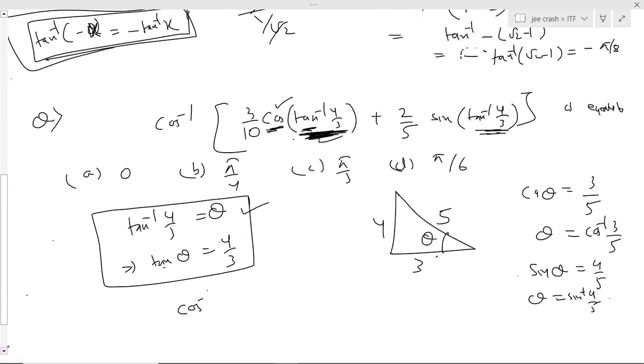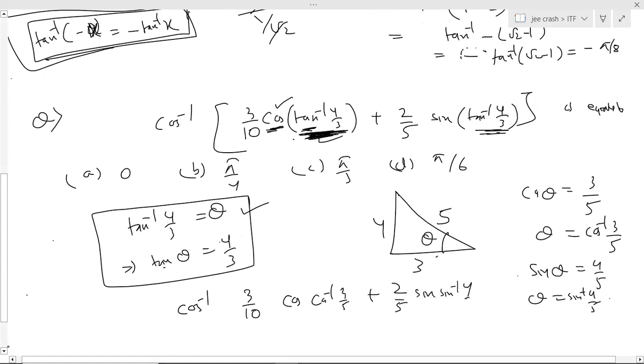So now this becomes cos inverse of 3 by 10 times cos of cos inverse 3 by 5, plus 2 by 5 times sine of sine inverse 4 by 5. So I believe you can solve this now very easily.